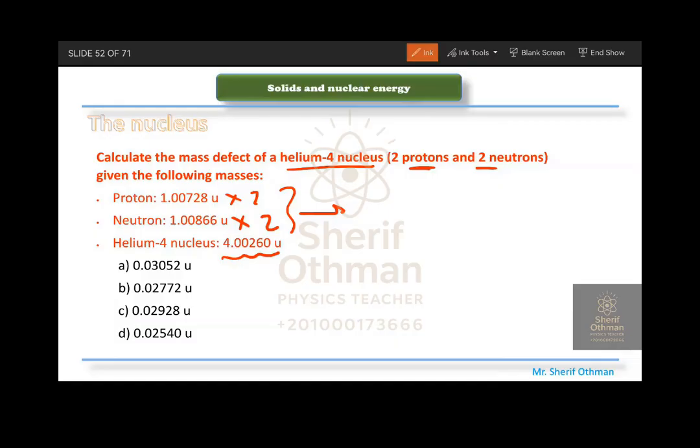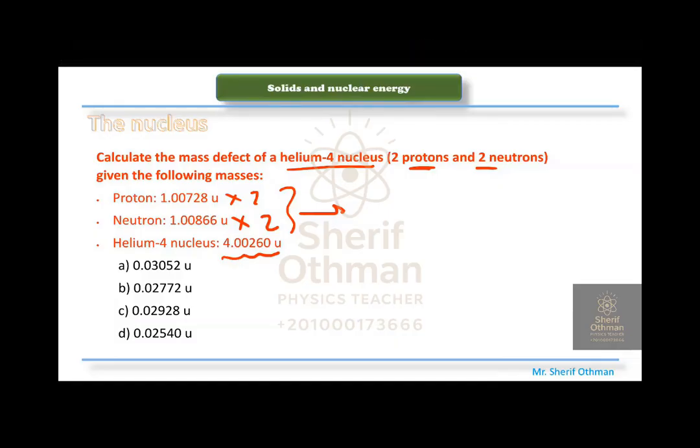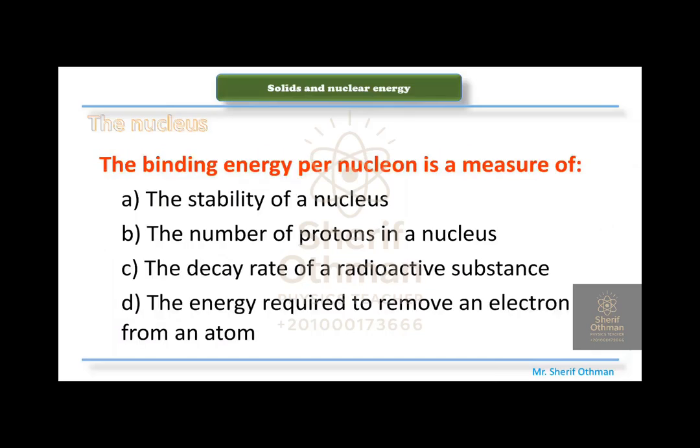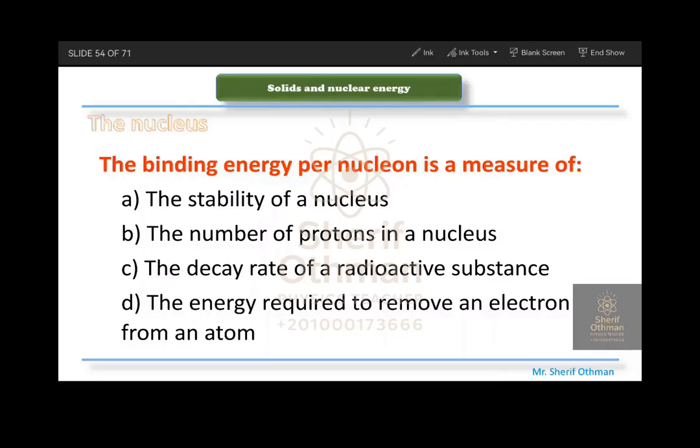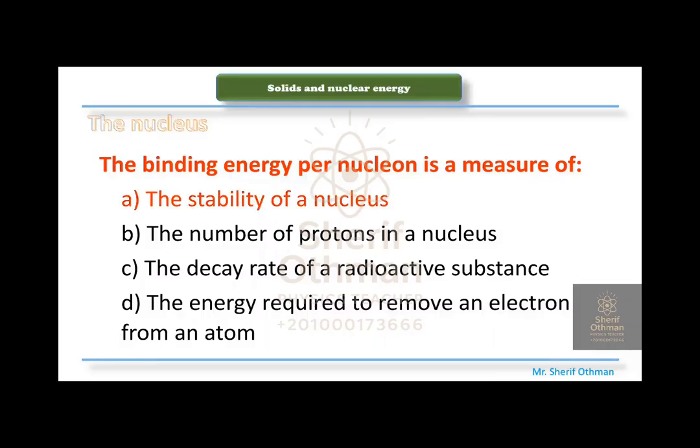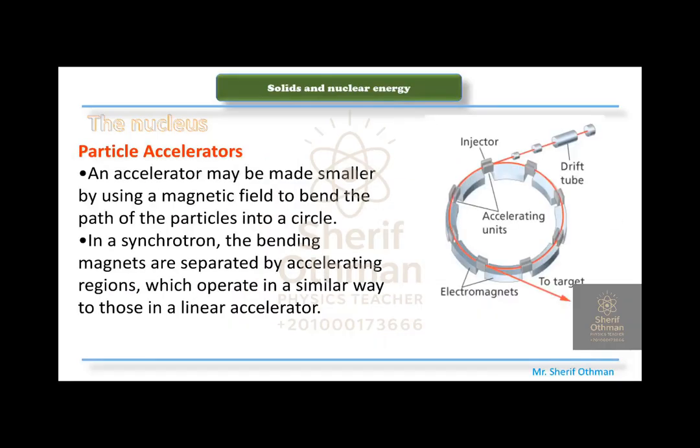Do it by yourself, guys, it's so easy. Then the final answer will be 0.02928 atomic mass unit. Binding energy per nucleon is a measure of the stability of a nucleus.